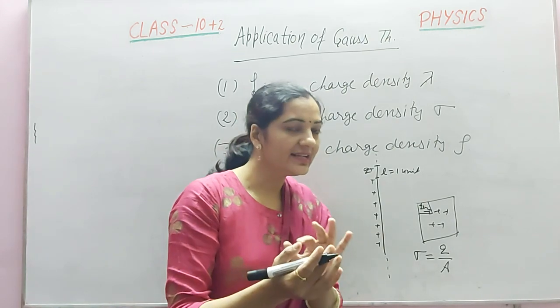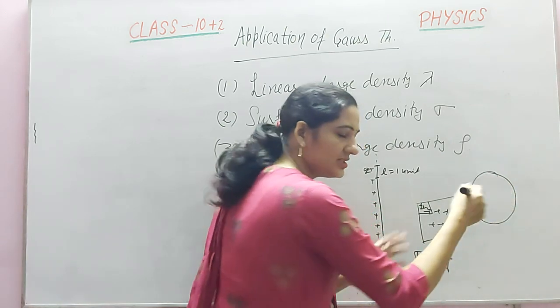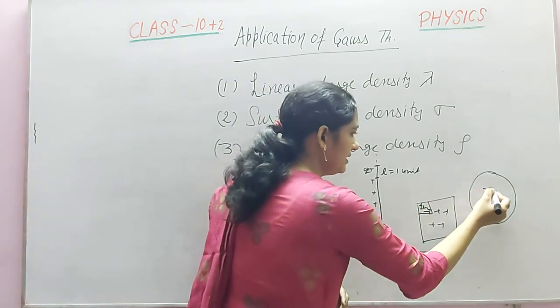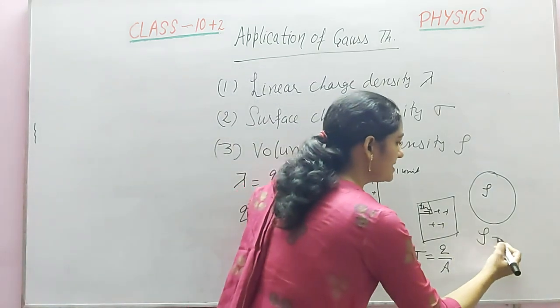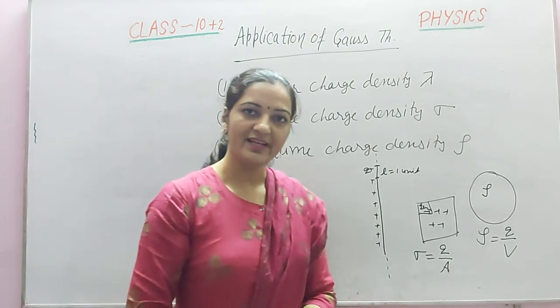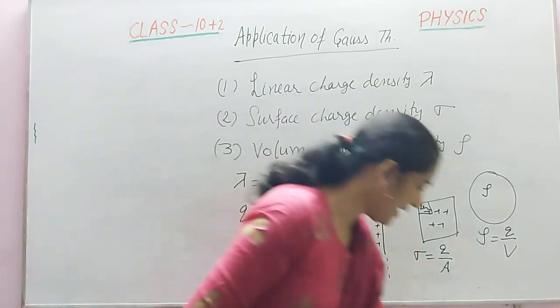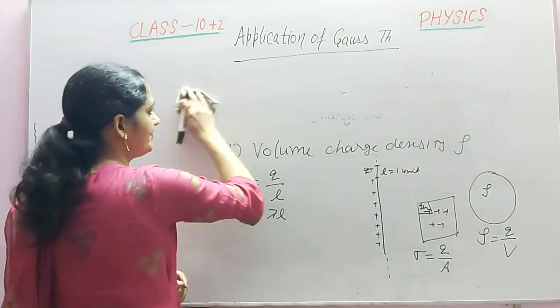Clear? Similarly, in case of a spherical shell, you can find charge by using rho, because rho is equal to charge upon volume. Clear beta?